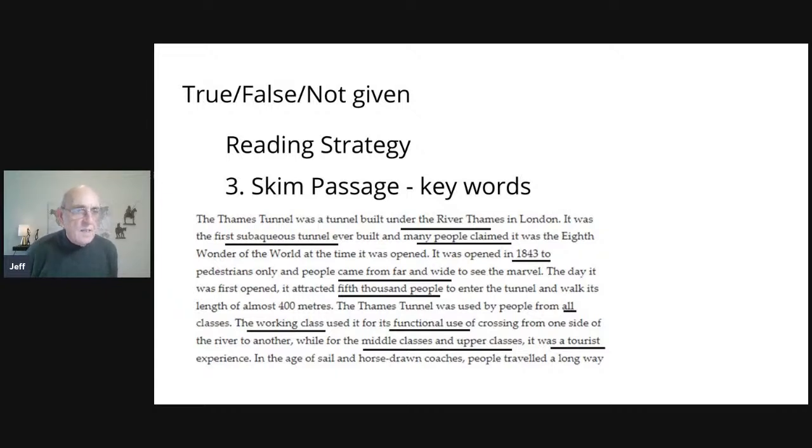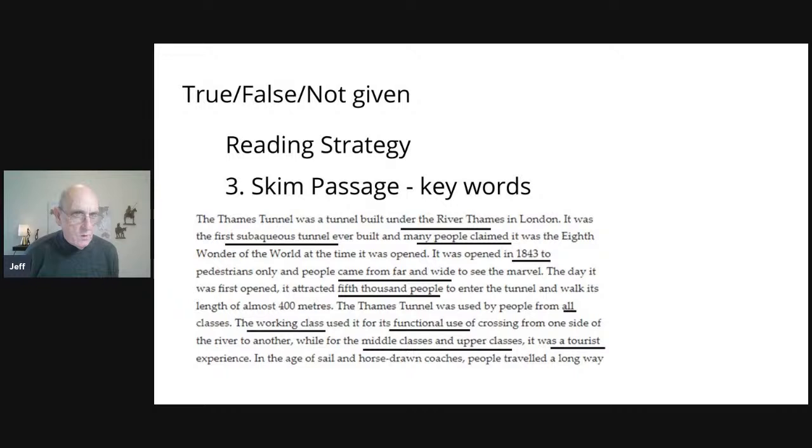I get to the second line and I see a word that I've never seen before in my life, subaqueous. Now, maybe some of you know what this means. I know what it means now because I've seen it before and looked it up. But actually, what's more important is the word subaqueous is not really going to help me answer a question at all.